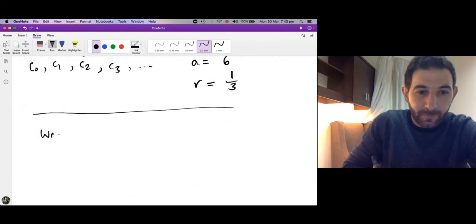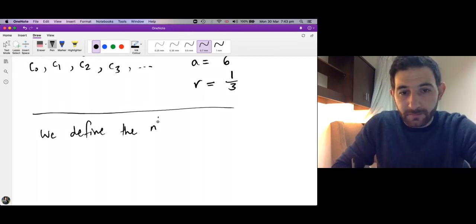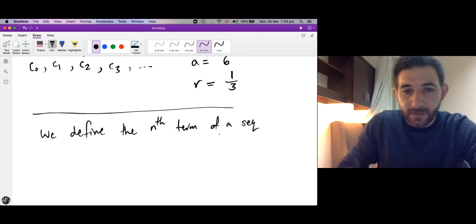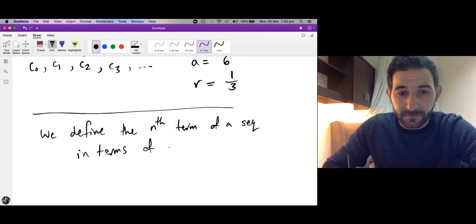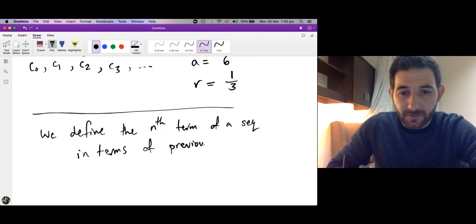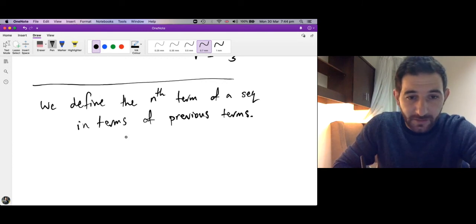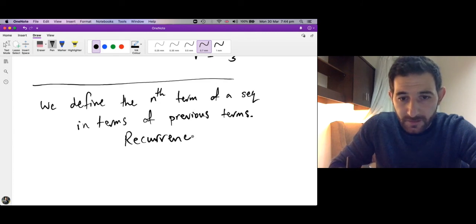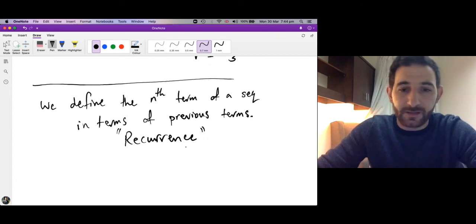Sometimes we define the nth term of a sequence in terms of previous terms of the sequence. So let me illustrate this. So this is called recurrence. Definition by recurrence. When you define terms in terms of previous ones, we call this technique recurrence.